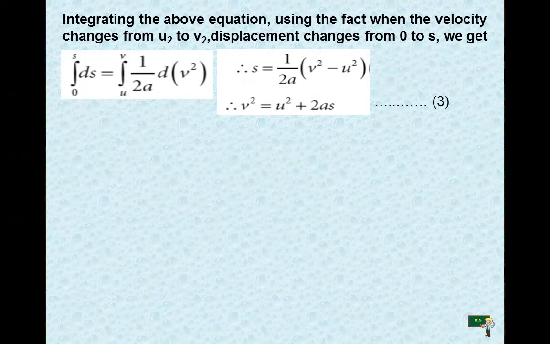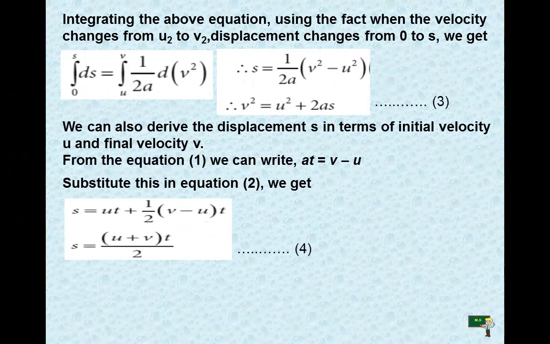This is equation number 3 in the kinematic equations of motion. We can also derive the displacement s in terms of initial velocity u and the final velocity v. From equation number 1, we can write at is equal to v minus u. Already we have v is equal to u plus at, and we substitute this in equation number 2.